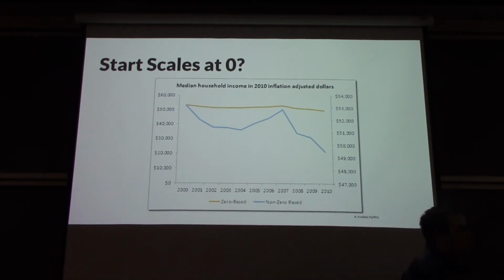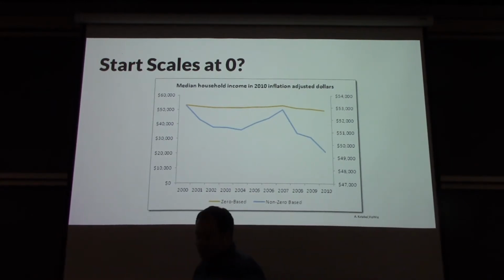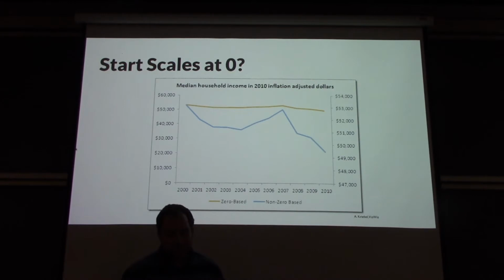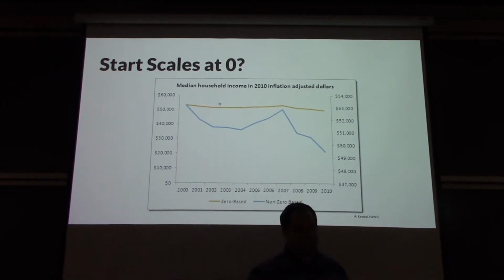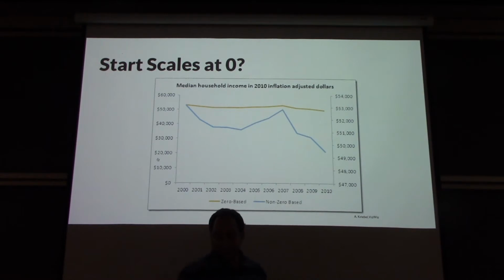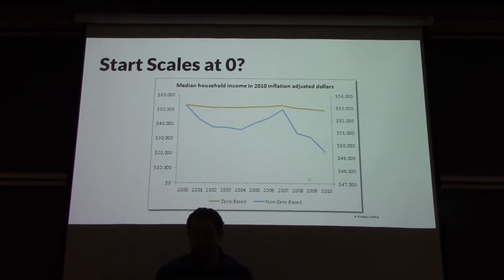So here is a chart of the median household income, in inflation-adjusted dollars, from 2000 to 2010. The orange line here is zero-based, and the blue line here is non-zero-based, it starts at 47,000.